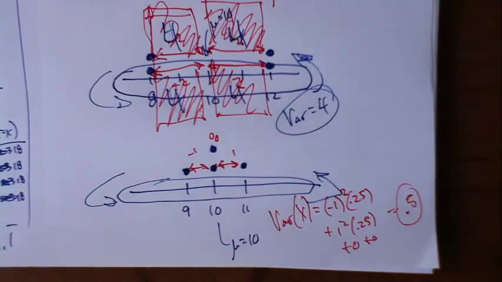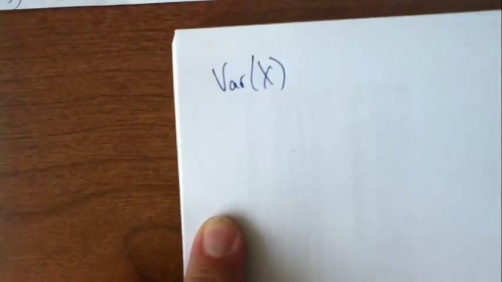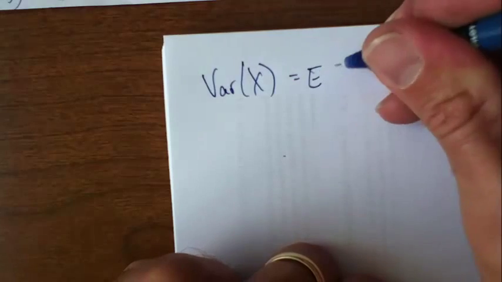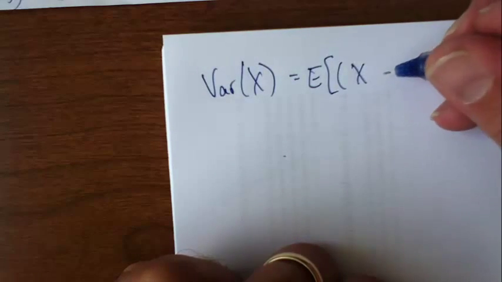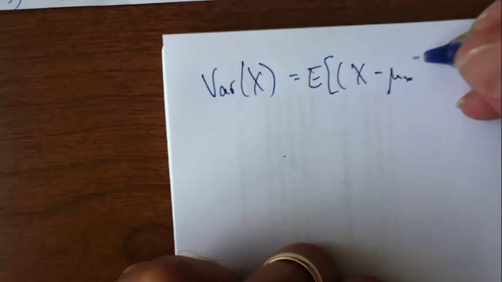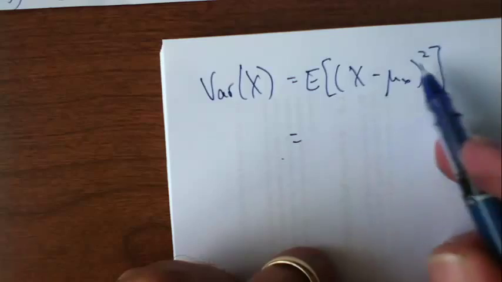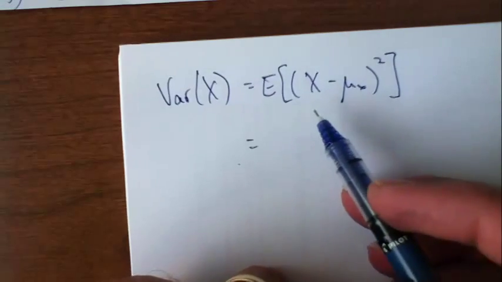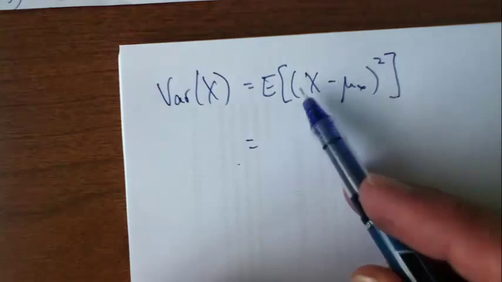Now let me write that definition one more time over here, because I want to be clear about what this is. It's the expected value of the squared deviation from the mean. So I could write it like that, right? Remember we had that previous theorem that tells us how to write down the expected value of a function of a random variable, and this is a function of this random variable.